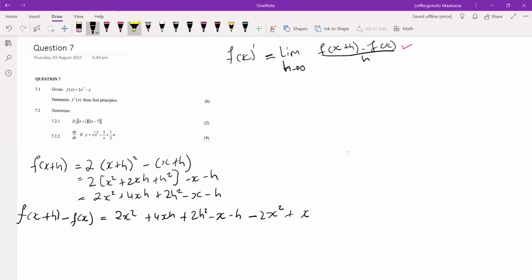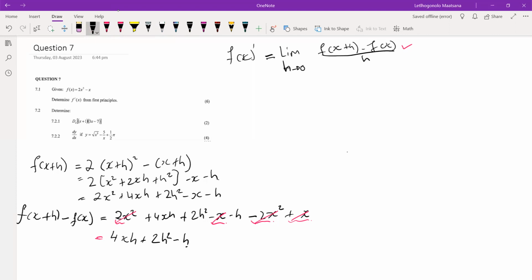Then we look for like terms. 2x² and −2x² are like terms. If we sum them up together, they give us 0, so those two cancel out. Then we get −x and +x. Those are like terms. If we sum them up together, they will then give us 0. There are no more like terms, so we are left with 4xh + 2h² − h.